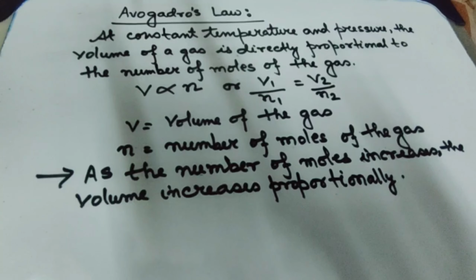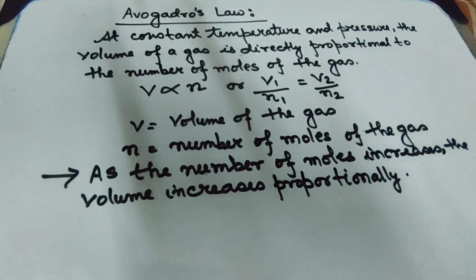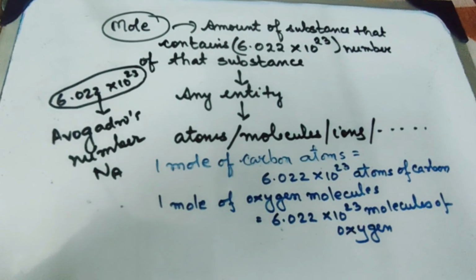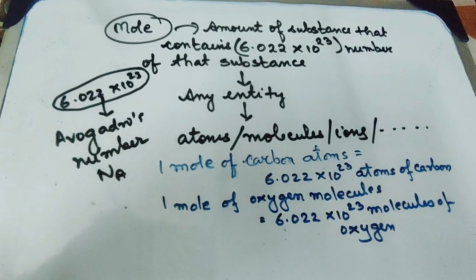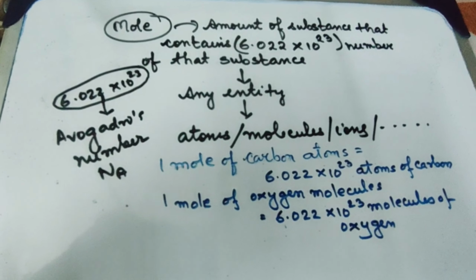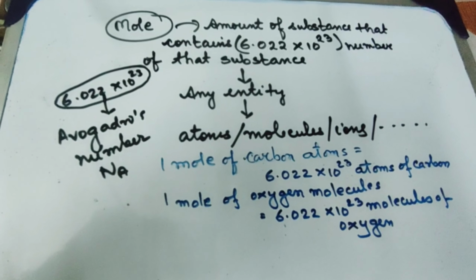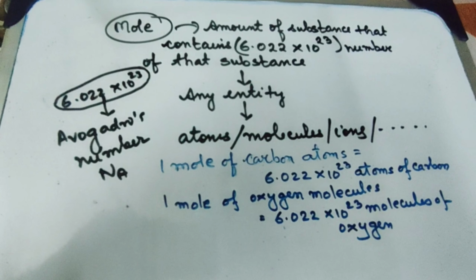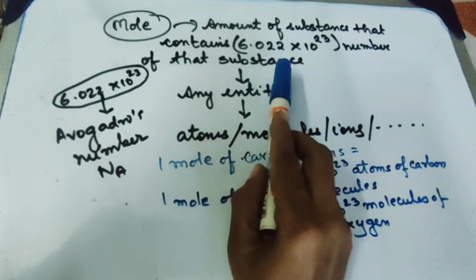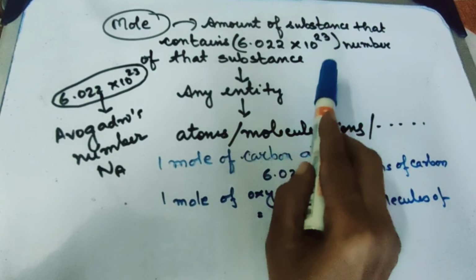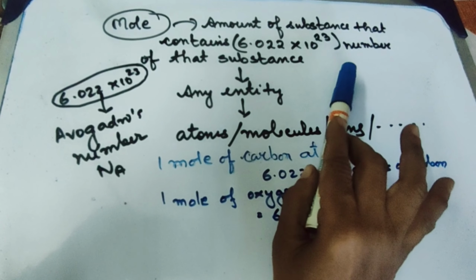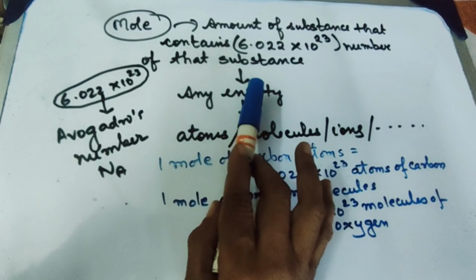Now I'm going to explain to you what actually is number of moles of the gas. This mole concept, hearing its name, students get scared. We don't have to be scared, we have to understand slowly. Mole is a number. 6.022 into 10 to the power of 23 is considered as 1 mole of any substance.